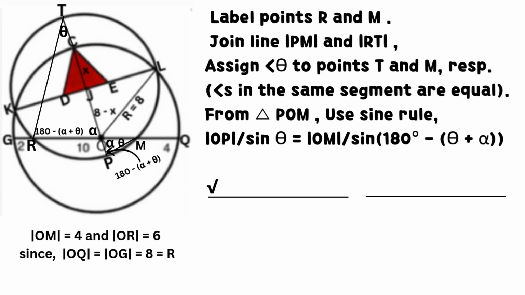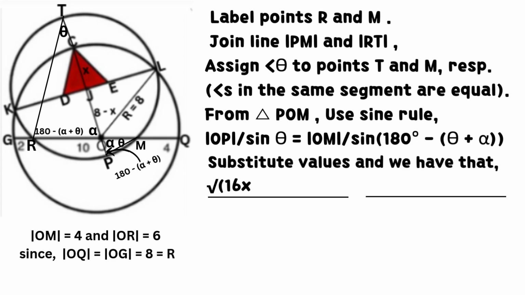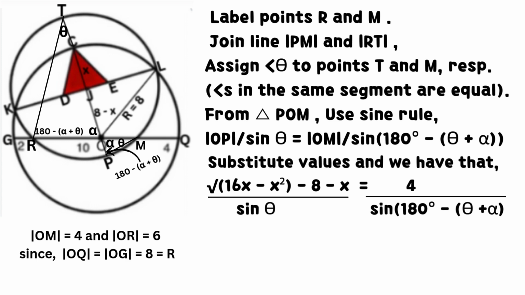Observe the diagram carefully and know why triangle POM is similar to triangle ROT. Substitute values and we have that the square root of 16X minus the square of X minus 8 minus X, all divided by sine θ, equals 4 divided by sine of 180 degrees minus the sum of θ and alpha.